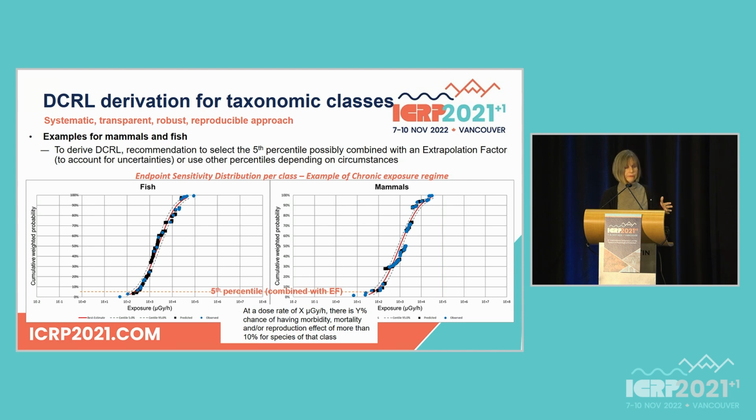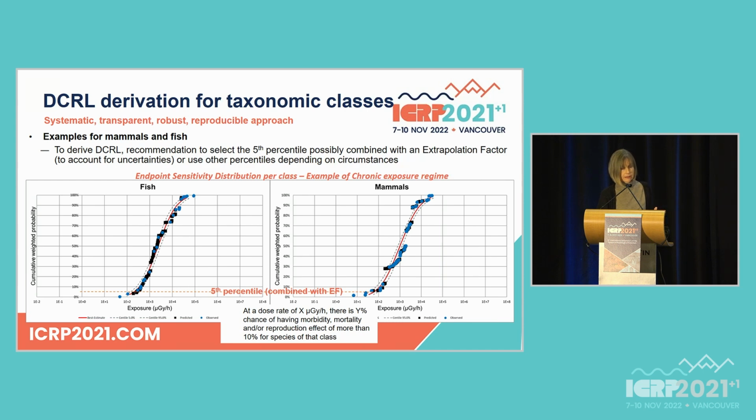To make use of this representation, you can read the dose rate on the x-axis. This is the example for chronic exposure regime. At a dose rate of X microgram per hour, there is Y% chance of having morbidity, mortality, and/or reproduction effects of more than 10% for species of that class.